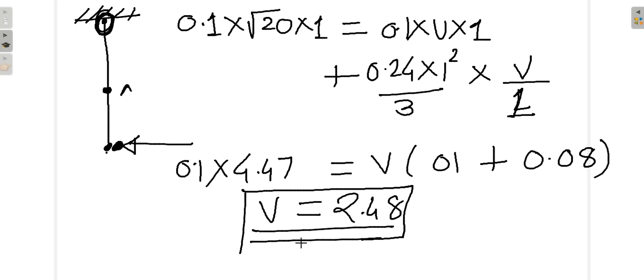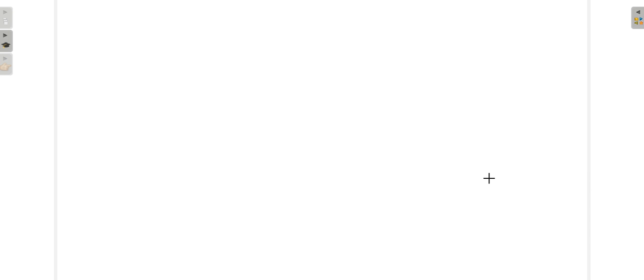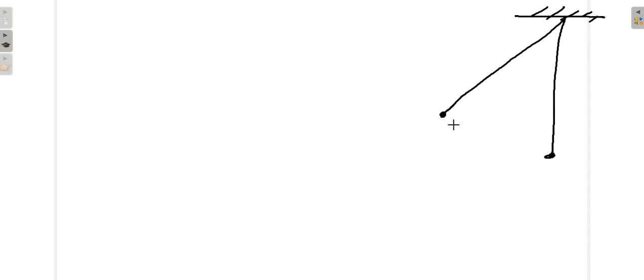Now we'll come to the next part of it, as the rod rises. Let me draw a broader diagram here for you. This is the mass 100 gram, whereas this is the midpoint where the mass is 240 gram.